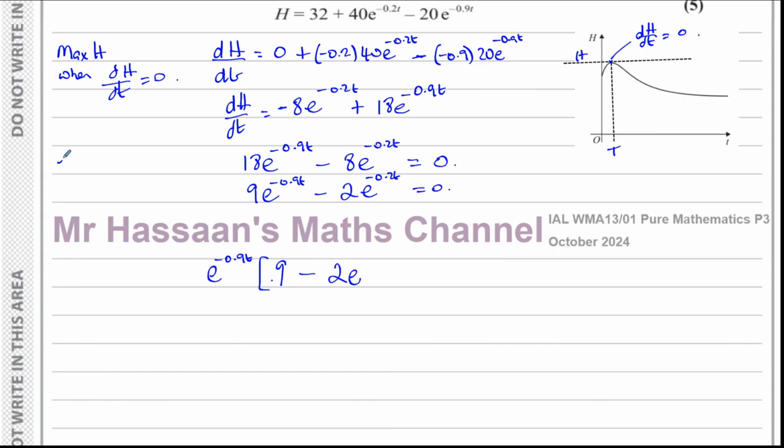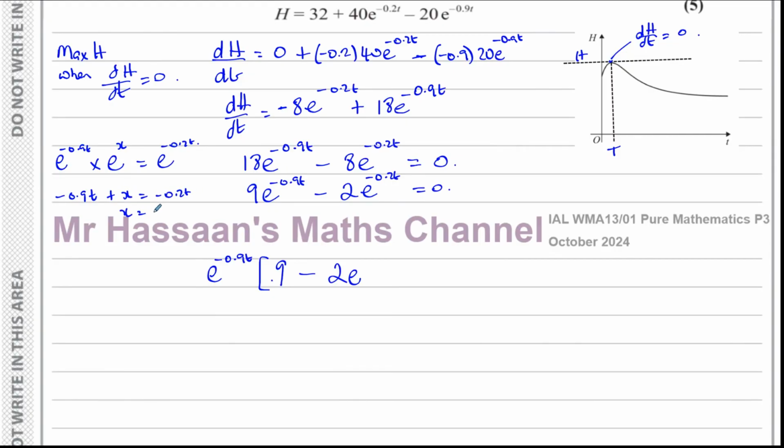Now I know that e to the power of negative 0.9t times e to the power of x is equal to e to the power of negative 0.2t. So these powers must be added together to give me that. When I multiply two numbers in index form, I add the powers. So negative 0.9t plus x is equal to negative 0.2t.